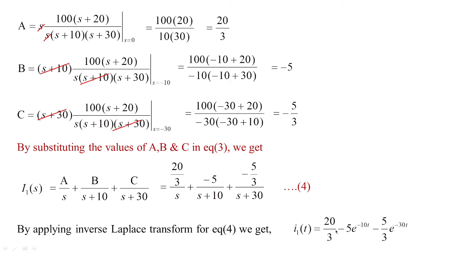Laplace inverse of this value will be e to the power of minus 10t, and Laplace inverse of this value is e to the power of minus 30t. So this is how we obtain the general solution with the help of partial fractions for equation 4 for this particular current.